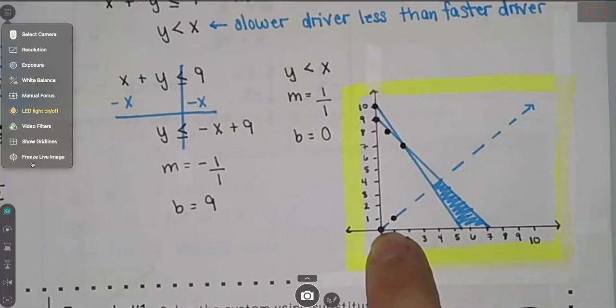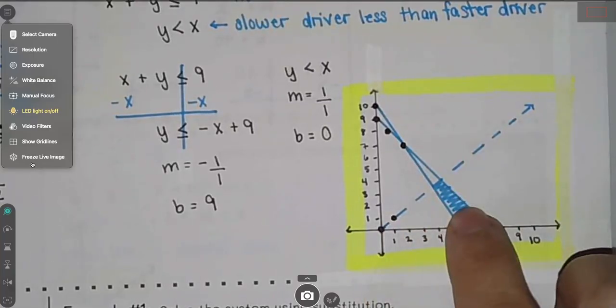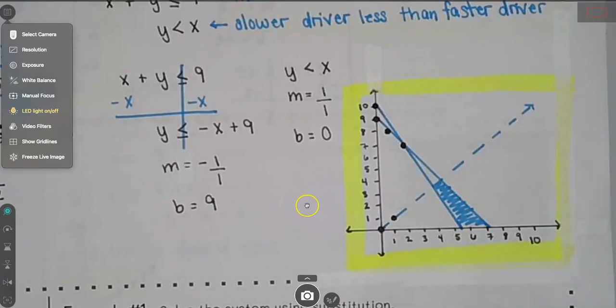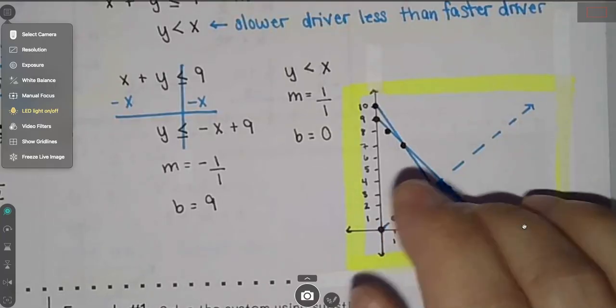Yeah, so it's here and it goes up 1 over 1, dotted line, and shaded below. So this one is shaded above, this one shaded below, this one shaded below, and you can't have a negative number of miles or a negative number of hours, so I only graphed the first quadrant.